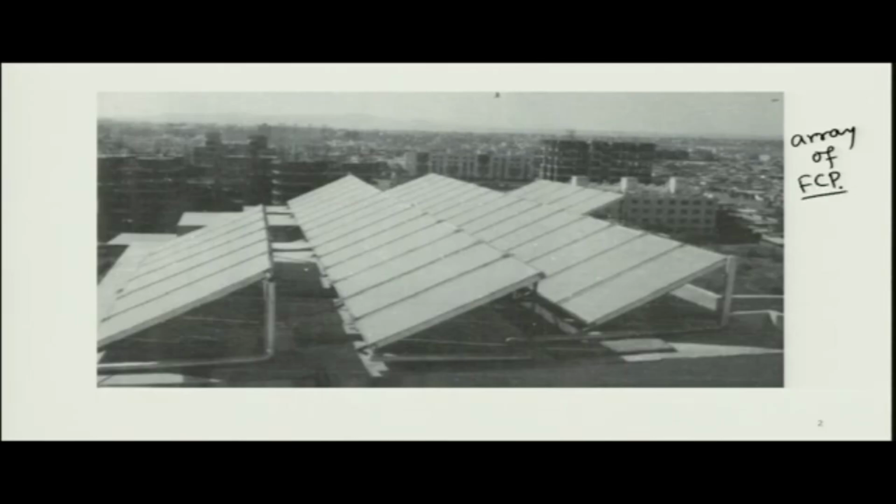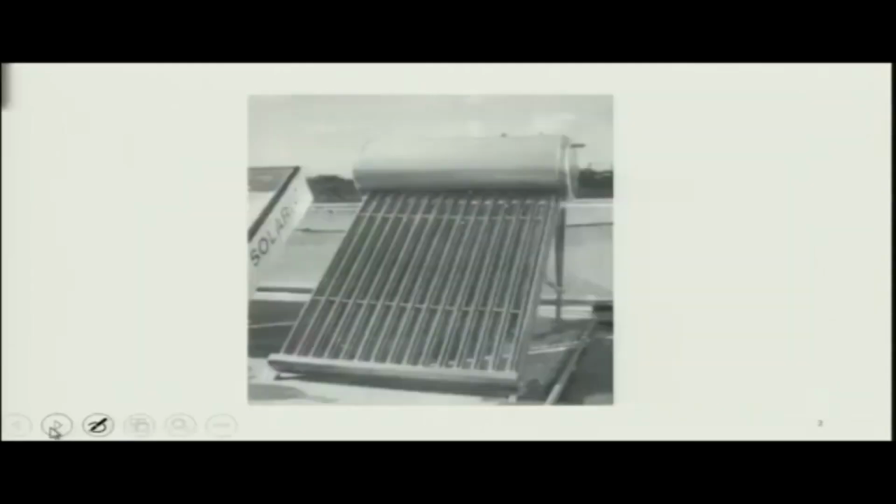Here you see that there are multiple such collectors, all of which are connected through a common inlet manifold and outlet manifold. So, that is how the array of flat plate collectors are used.